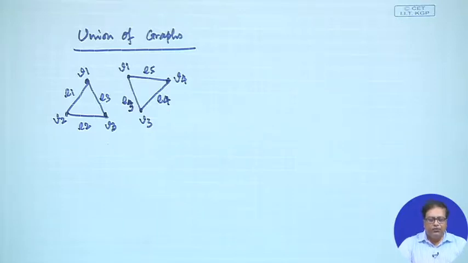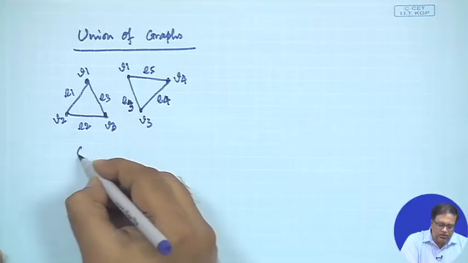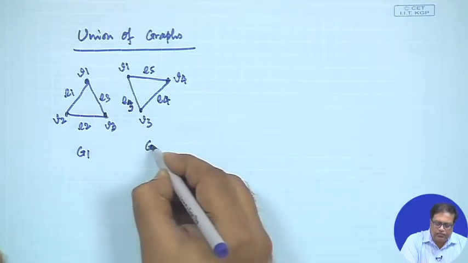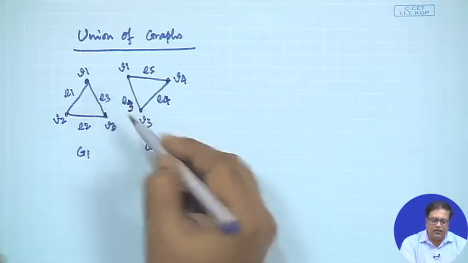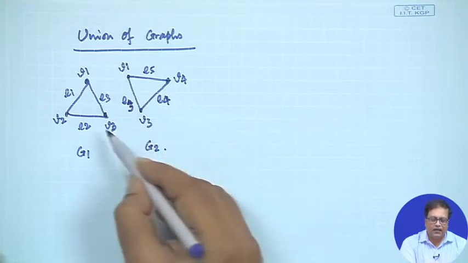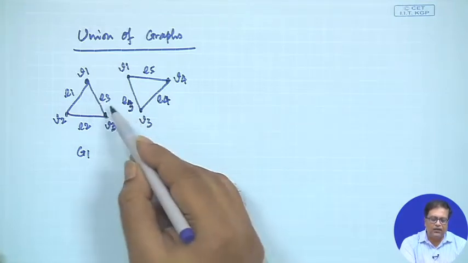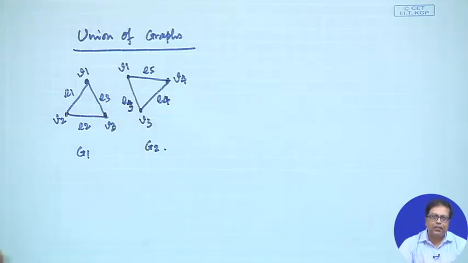If you look at these two graphs G1 and G2, there are some common vertices and one common edge called E3.